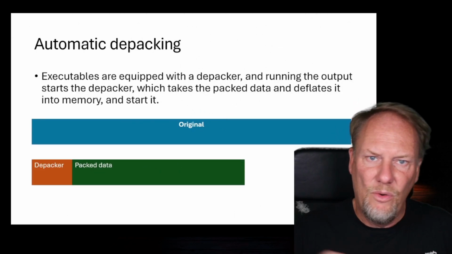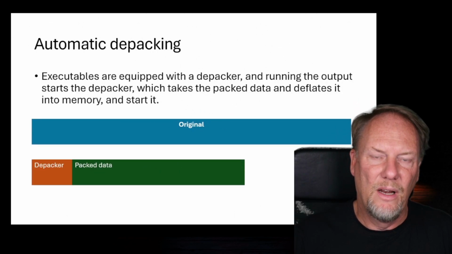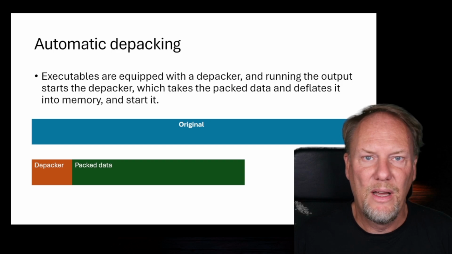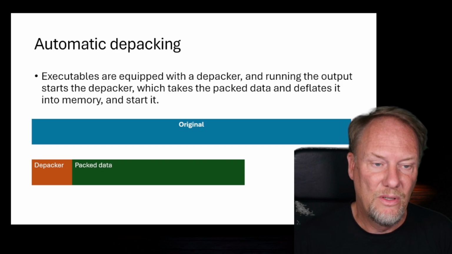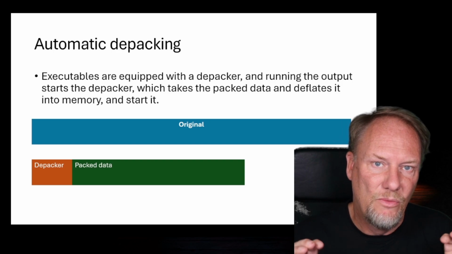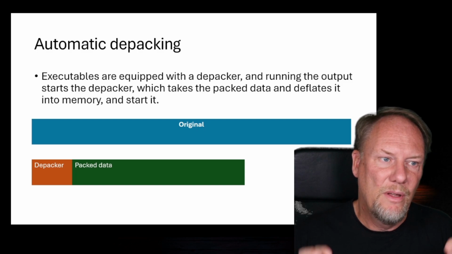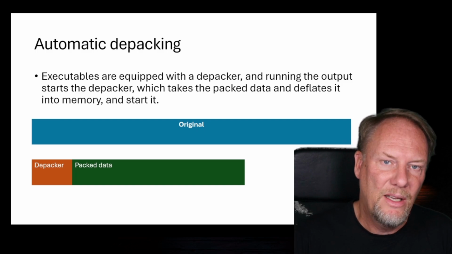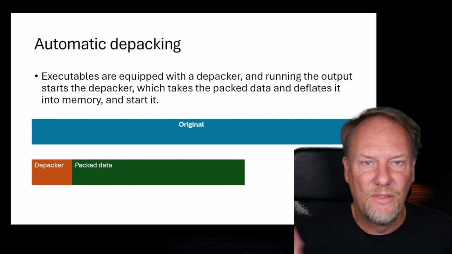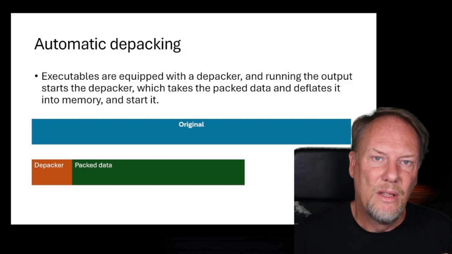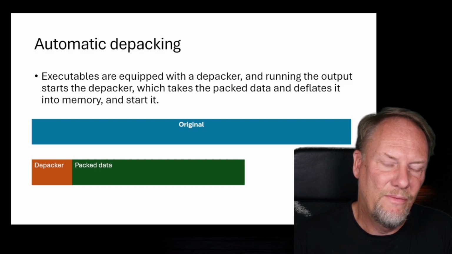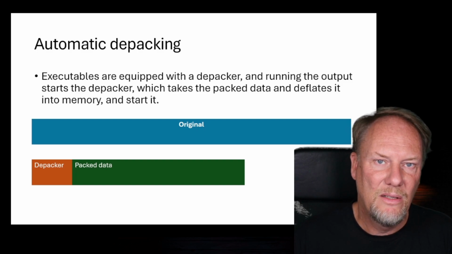Okay, so you have your original file, the raw file that you want to handle. Depending on the type of file, you could apply different strategies to it. If it's a runnable file, one of the normal ways to handle it is that you pack it and make it self-extractable. That means that a little depacker is added to the beginning of the file before the packed data.